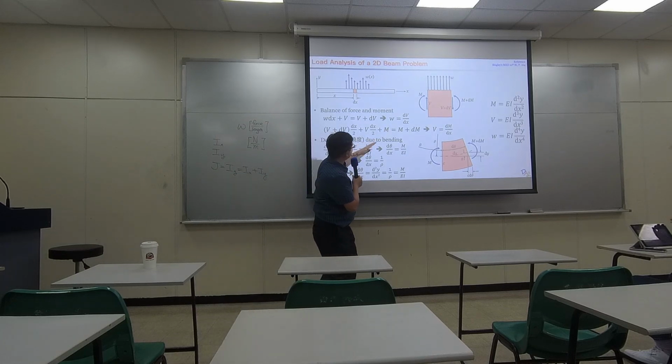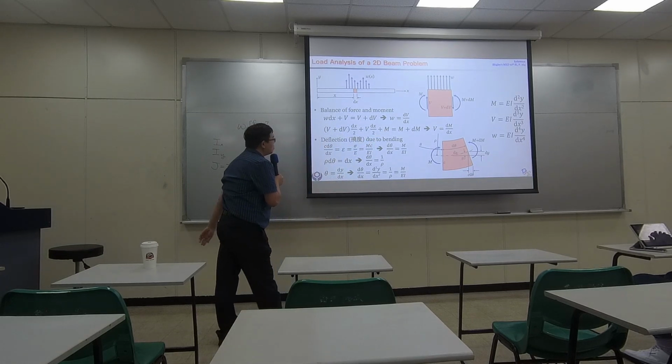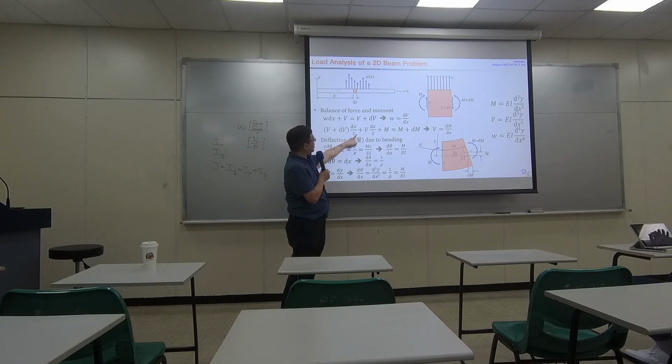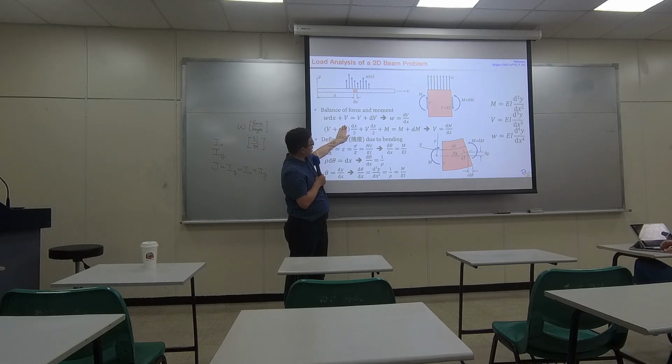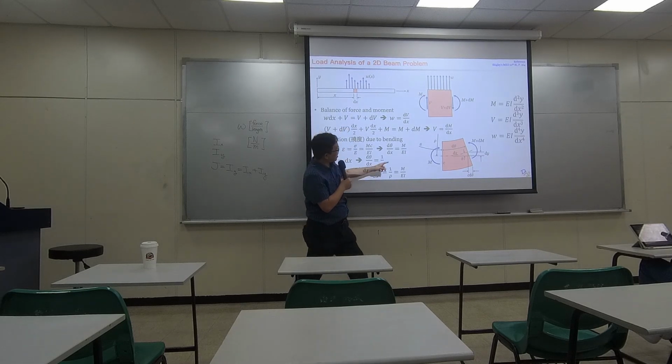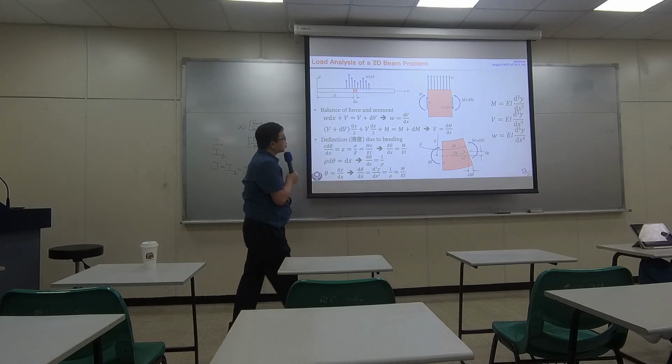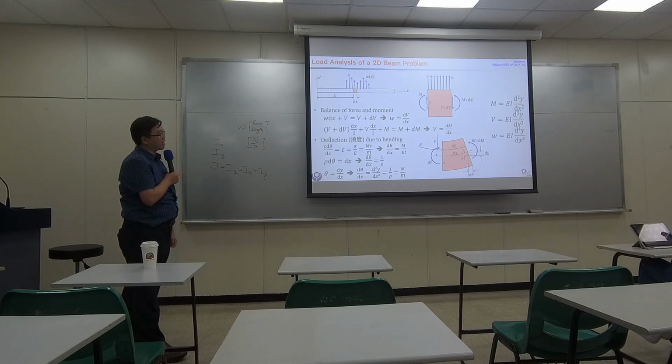Now you can cross out some of the terms. Over here, this guy disappeared. Because dx is very small, when you have dV times dx compared to dx, this is super small. So this is almost zero. Okay? If you do that, then when you collect everything at the end, you have V equals dM over dx.